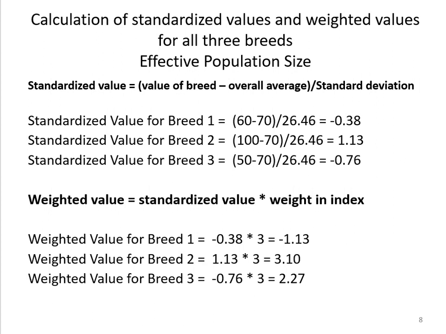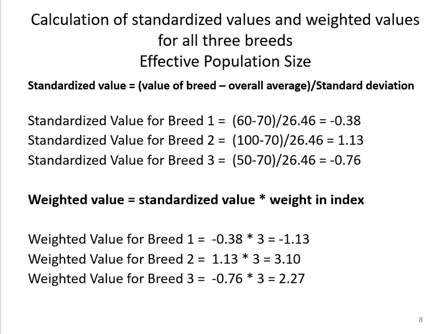The next step is to get weighted values. The weighted value is easy: the standardized value multiplied by the weight in the index. For example, the standardized value for breed 1 is minus 0.38, and multiplied by its weight in the index, the weighted value is minus 1.13.